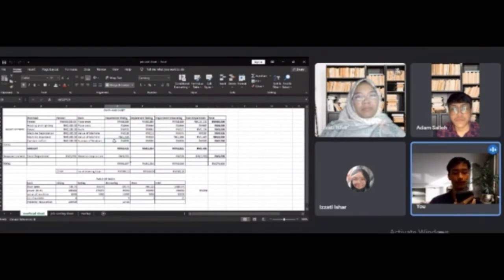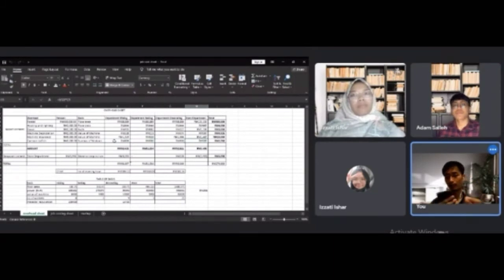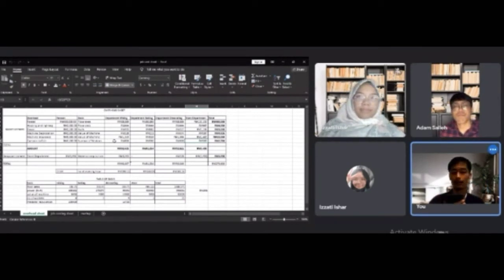So the total of workers is 23 for all departments. The formula is number of workers for each department, divided by the total of workers, which is 23, and then multiplied by the amount 2,300, so that we get the value.